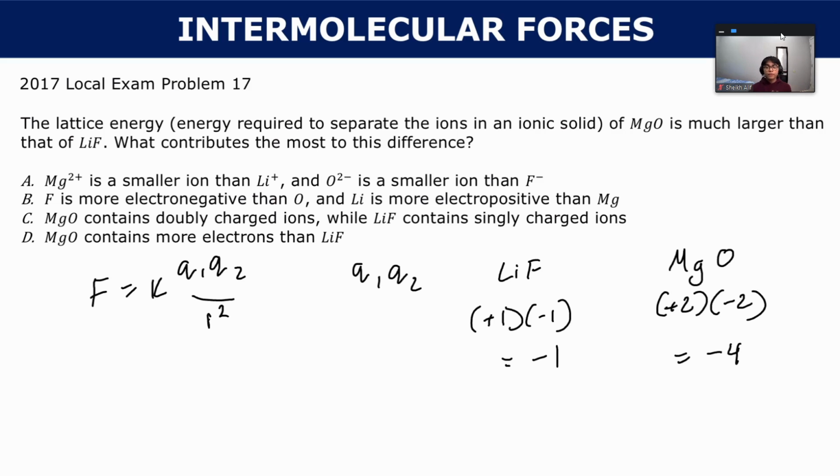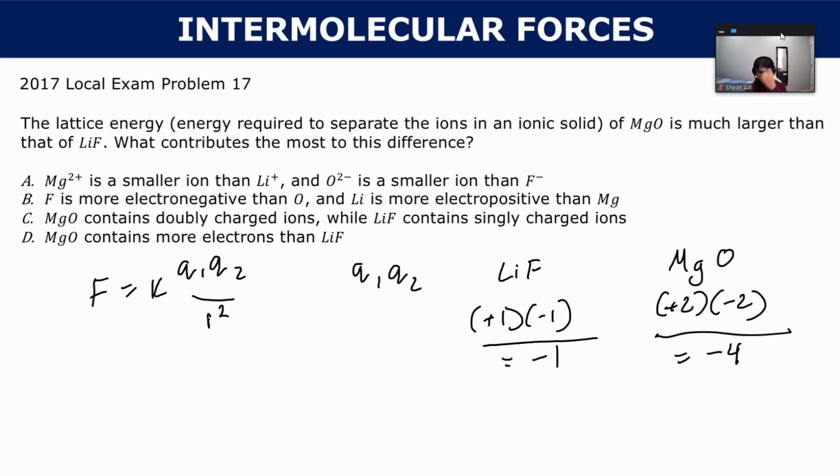And so the principal reason why the lattice energy is going to be greater is because in MgO, these are going to have charges of 2. But in lithium fluoride, you're going to have charges of 1. So let's see which answer choice best represents that. Mg is a smaller ion than lithium, and oxygen is a smaller ion than fluorine.